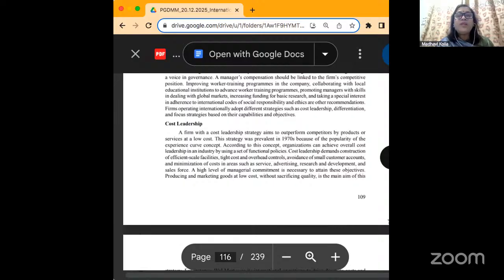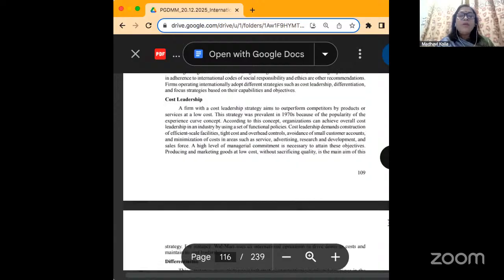The four countries that we have spoken about have each developed their strength in certain products, and that has been sustained over a period of time and has made them market leaders in those particular businesses. Then we also have cost leadership, which is fundamentally a strategy that was very prevalent in the 1970s.